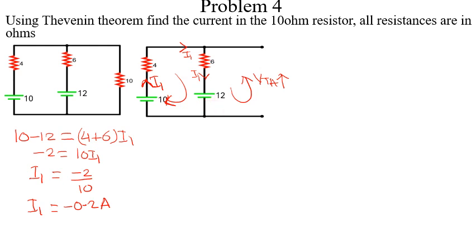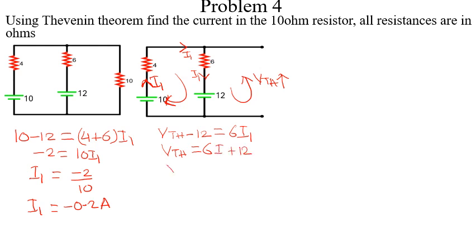So we have VTH minus 12 equals 6 I1. VTH now becomes 6 I1 plus 12.